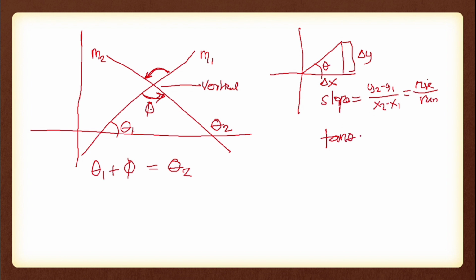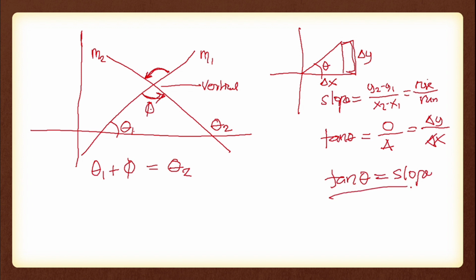Same with tangent. Tangent theta is equal to the opposite over the adjacent, and this opposite over adjacent is the change of y over the change of x. That's why tangent theta is equal to the slope of a curve or a line. So take note, tangent theta is equal to the slope.